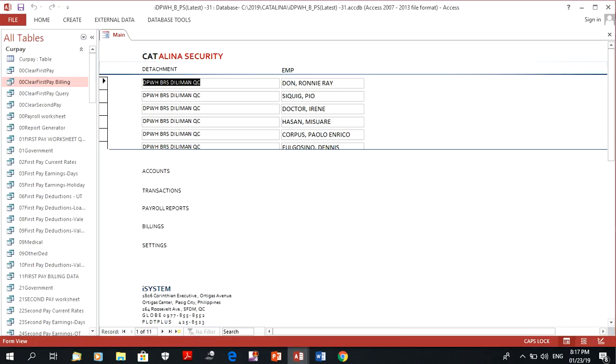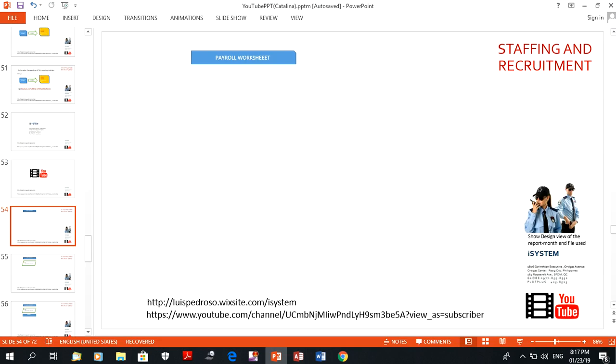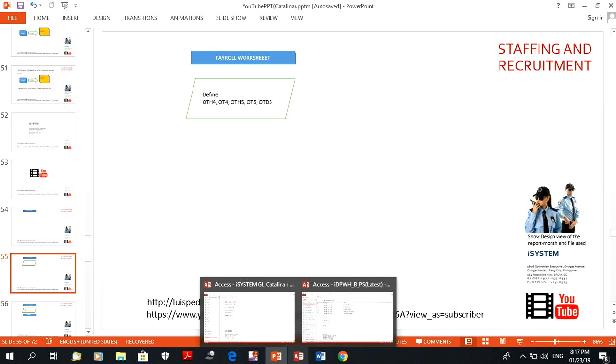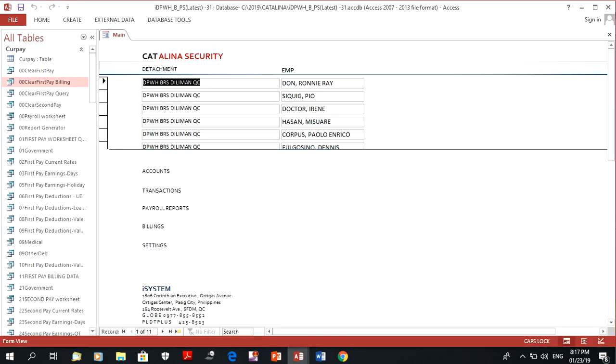So for now, let's talk about that worksheet. This is where you define which fields those entries will come from.